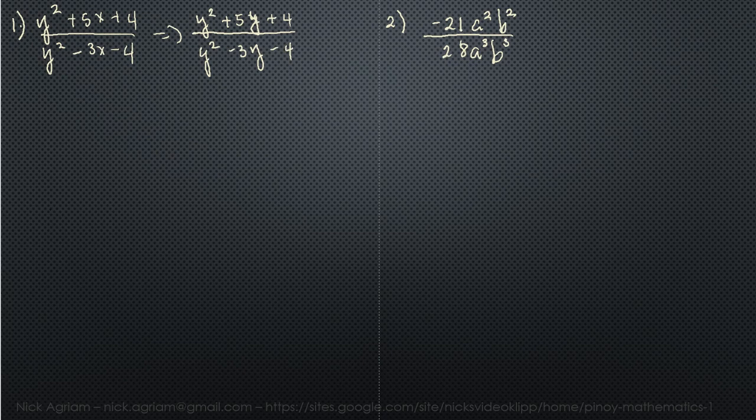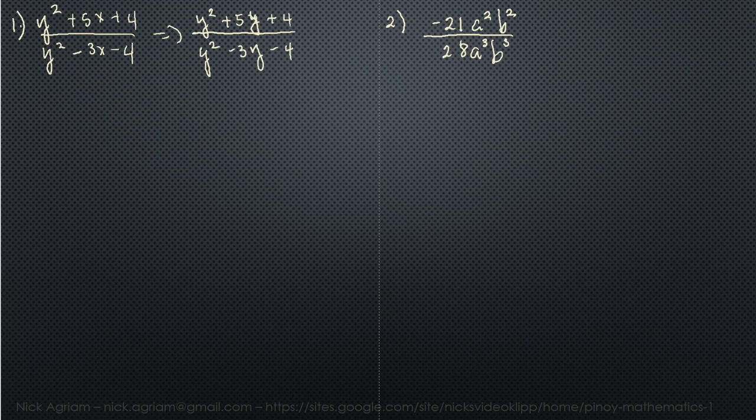As you can see, you cannot cancel when it is addition or subtraction. You need to find factors first, so that you have multiplication instead.